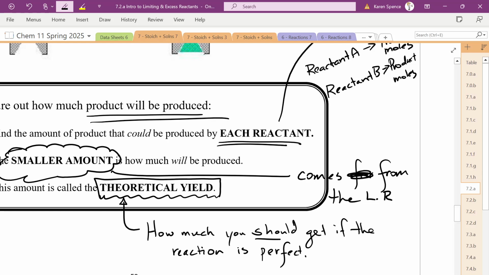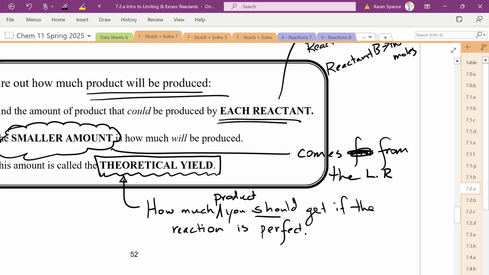That's our 2 calculations. And the smaller amount comes from the limiting reactant. Yes. That smaller amount is called the theoretical yield. The theoretical yield is how much product you should get if the reaction is perfect. That is the amount of product from the limiting reactant.